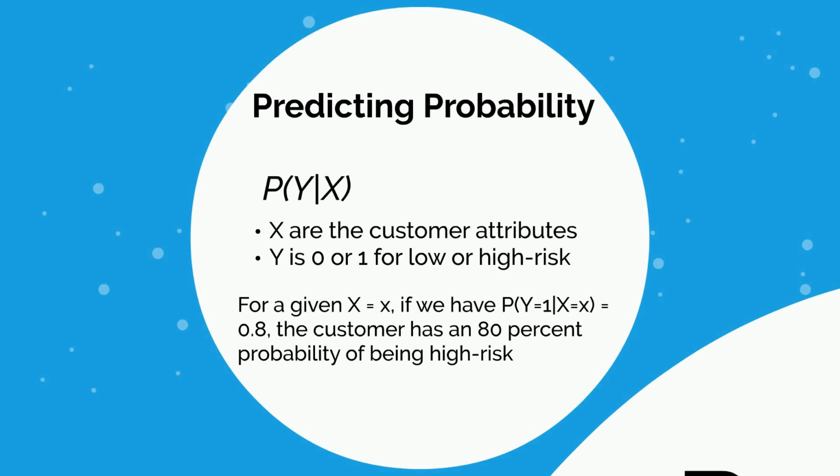However, it can be designated as such, where the probability of Y, low risk or high risk, given X, the customer's attributes, is going to be written as such. So probability notation is going to be important moving forward, and it's going to be necessary to have a basic understanding of probability theory, which we will touch on more in the fourth video, where we talk about the essential math competencies for machine learning.